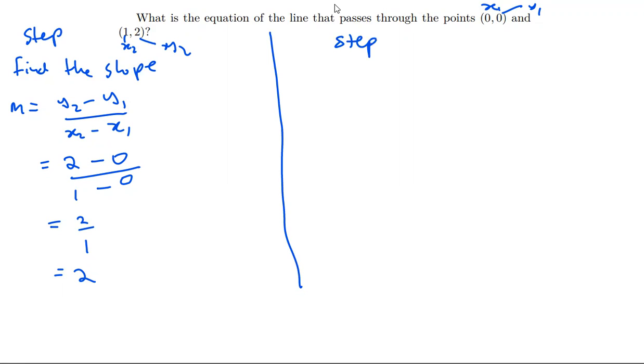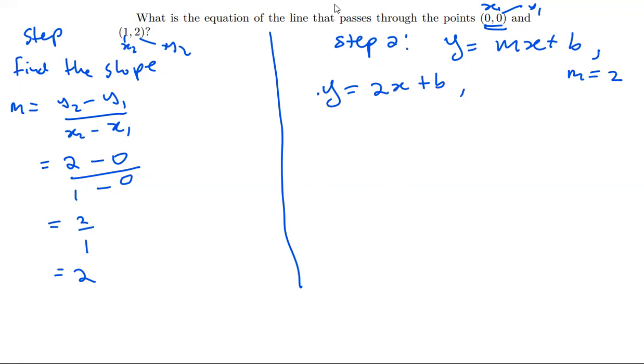And then step 2 is we use the equation y is equal to mx plus b to find the equation. So again, you could use this point because it's easy, but I'll use that one. We already found that m is equal to 2. So I have y is equal to 2x plus b. And then if we use this point, it tells us that x is 1 when y is 2.